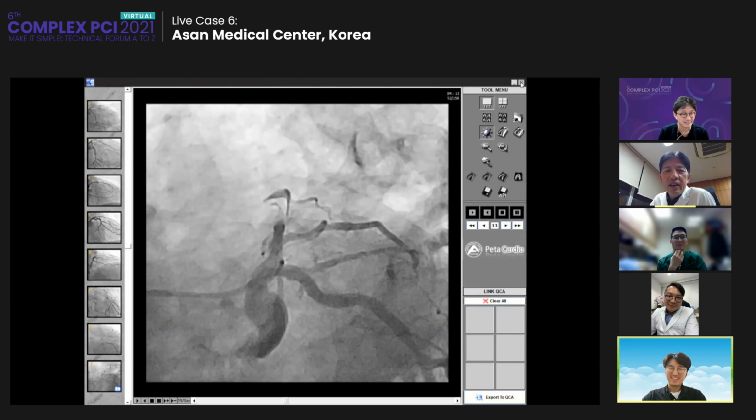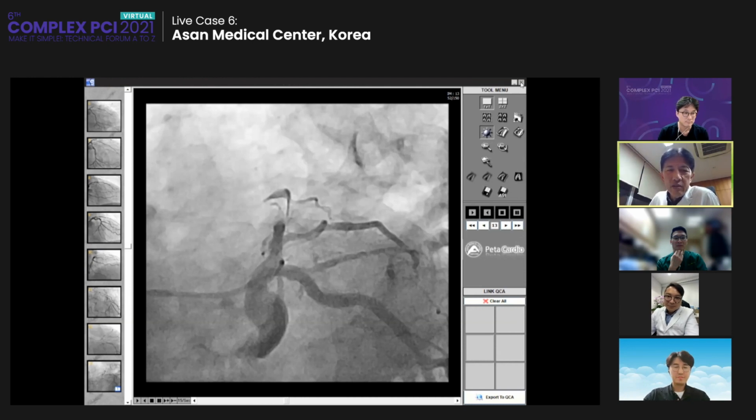But I think the anatomy of the proximal cap looks like something like a thrombogenic occlusion. My impression in the proximal cap. So just like the stump, but something like thrombus containing a stump region.